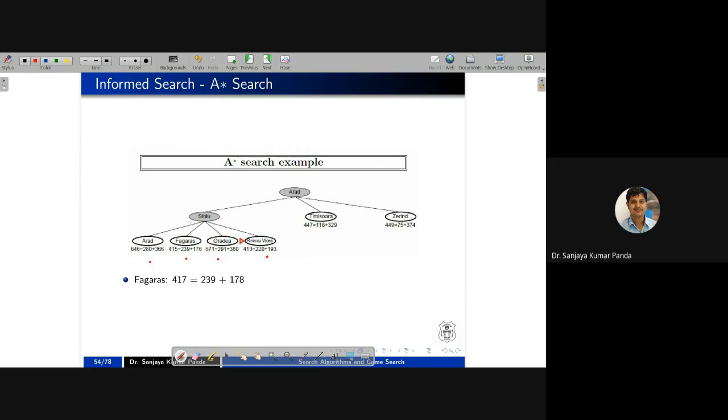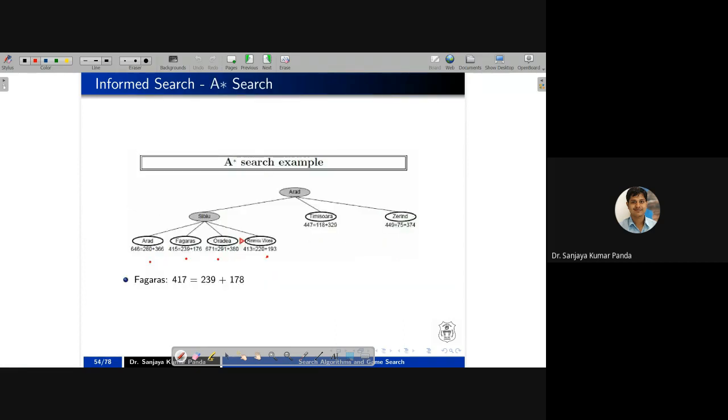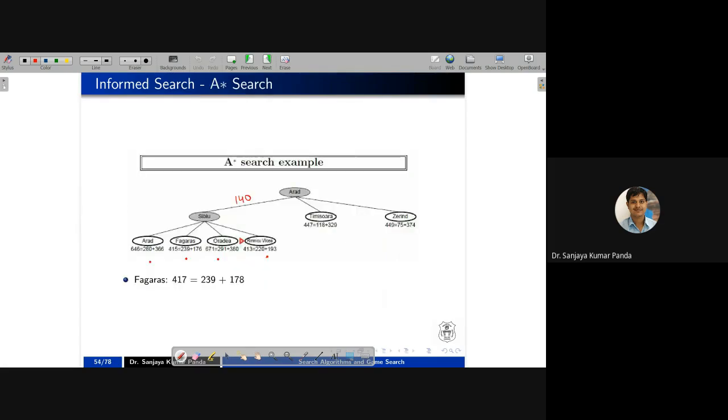Then how do we calculate the cost? If you take Arad to S, what is the distance? 140, so this cost is 140. A to T, the cost is 118.